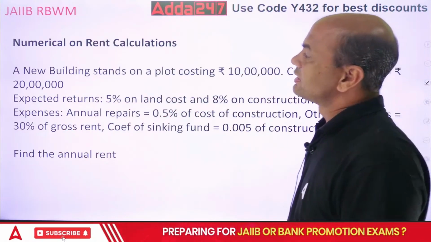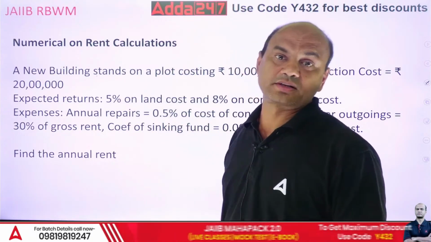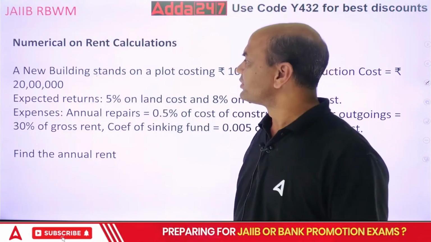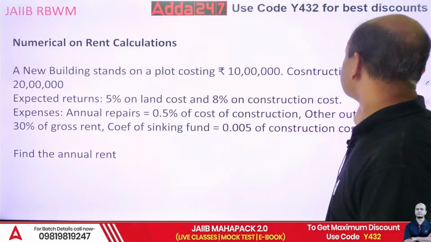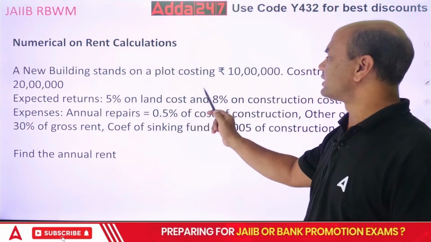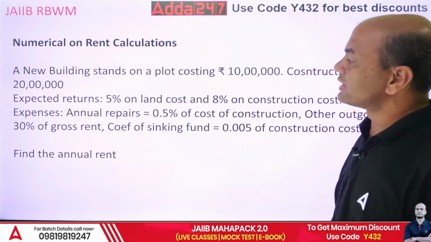Next one, rent calculations. This is also an important case study. Again, this can be broken into various parts. A new building stands on a plot costing 10 lakh. Construction cost is rupees 20 lakh. Expected returns are 5% on the land cost, 8% on the construction cost. What are the expenses?